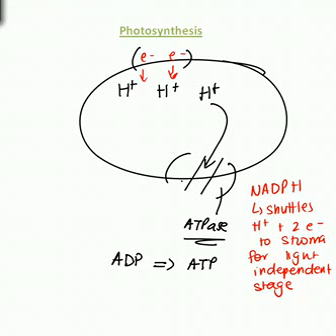Now this hydrogen ion that is leaked out is actually incredibly important because it is involved in building up that third phosphate bond. Because remember, ADP is adenosine diphosphate, so it has 2 phosphates, and adenosine triphosphate or ATP has 3 phosphates. So the difference is that ADP is missing a phosphate.